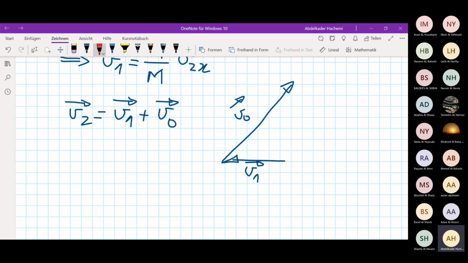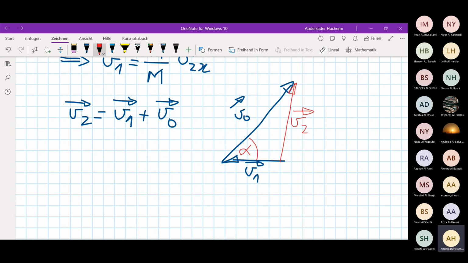The sum of V1 and V0 gives the absolute one, V2, where there is the angle alpha between V1 and V0.